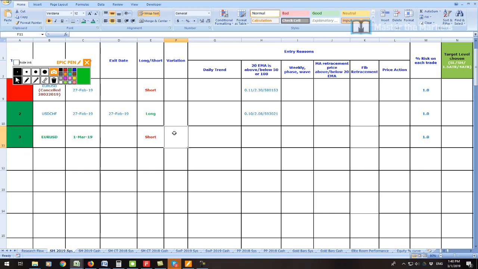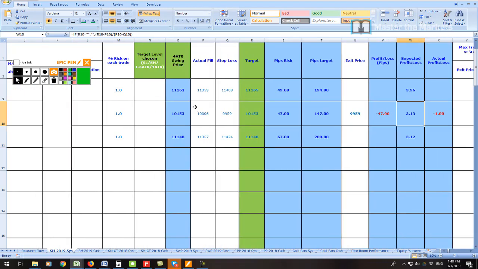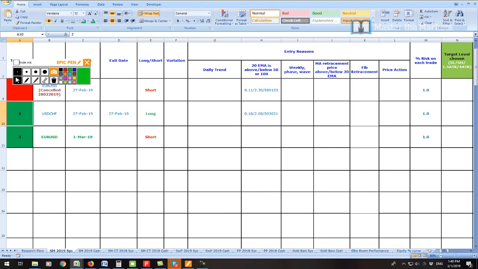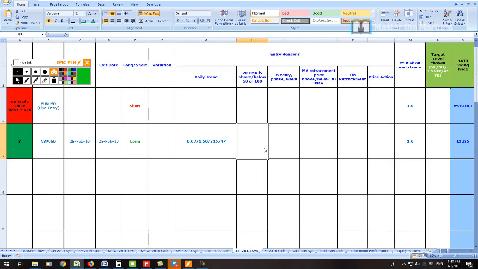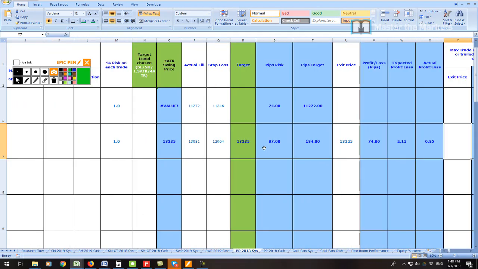So that's in terms of the elite room, still floating there. So -1 plus our prime profit trade, what do we get there? -1 plus 0.85. So overall in the elite room, that's about -0.15%. Okay, -0.15%. So that's what we got over there.